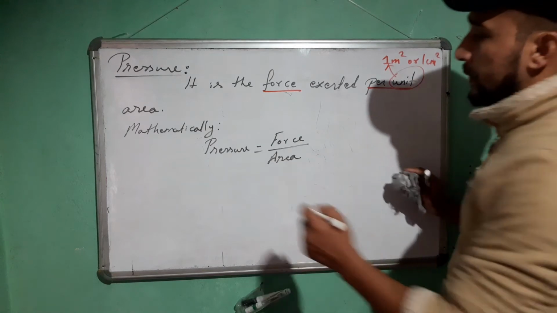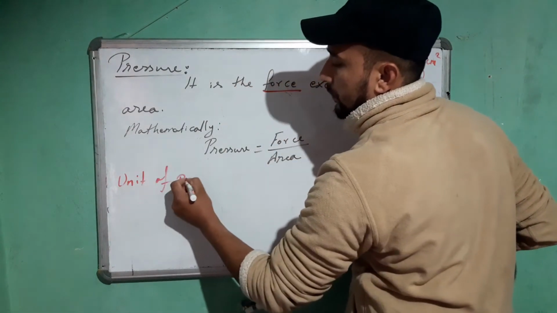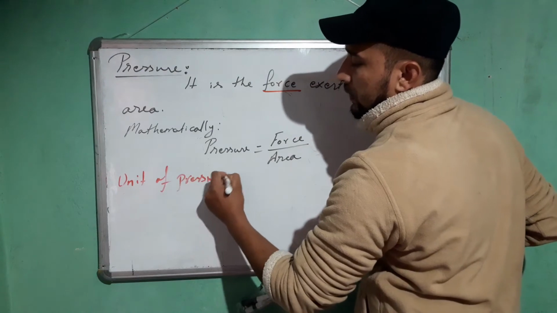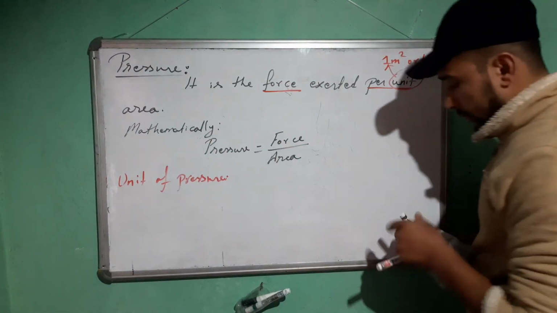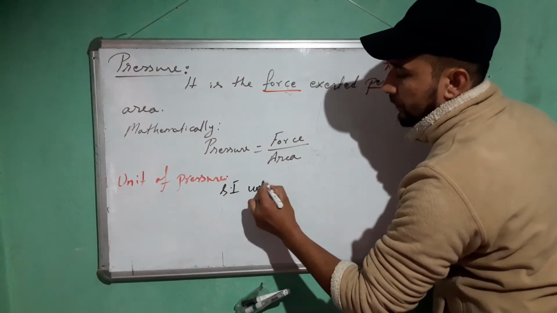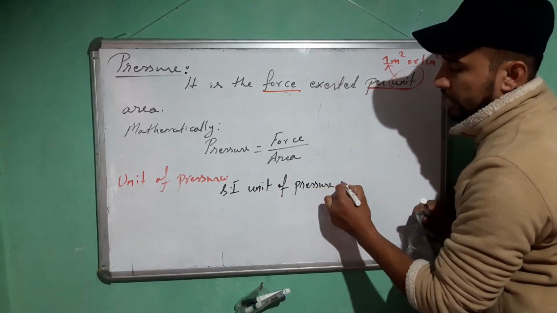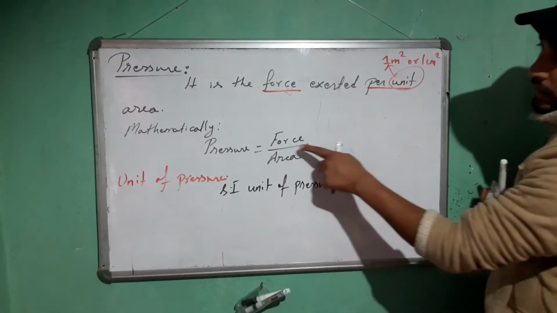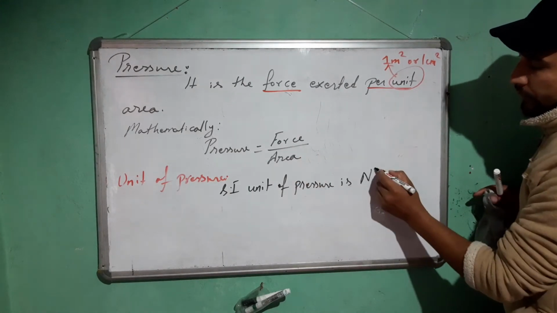So, unit of pressure. SI unit of pressure: unit of force is Newton, area is meter square.